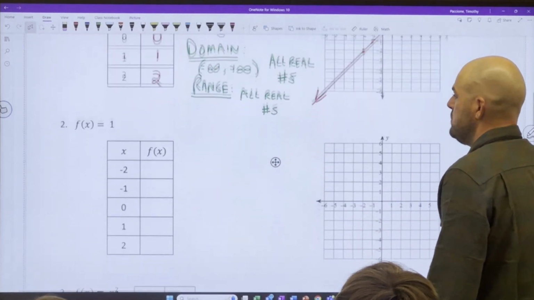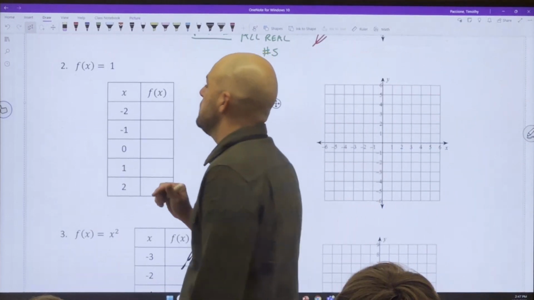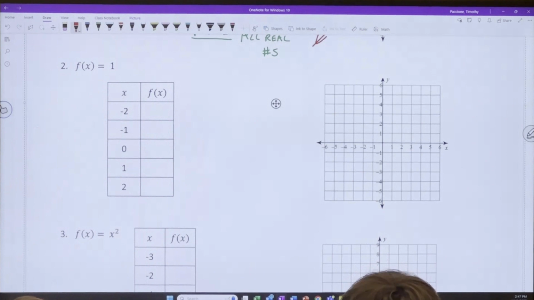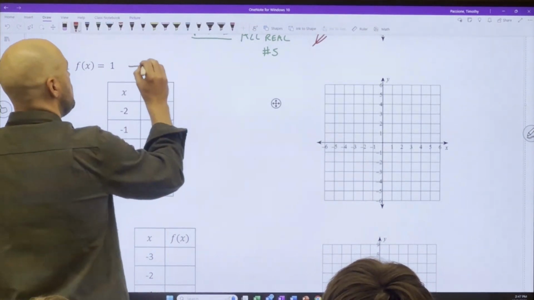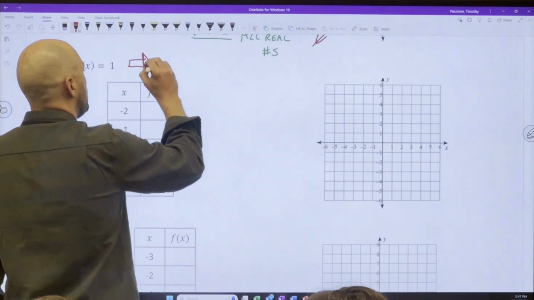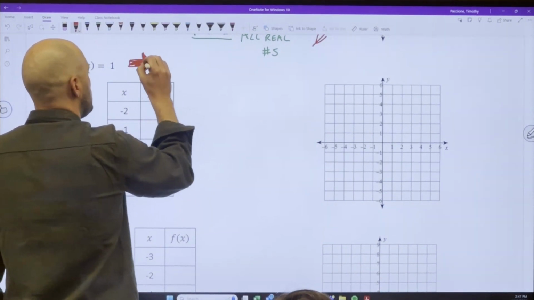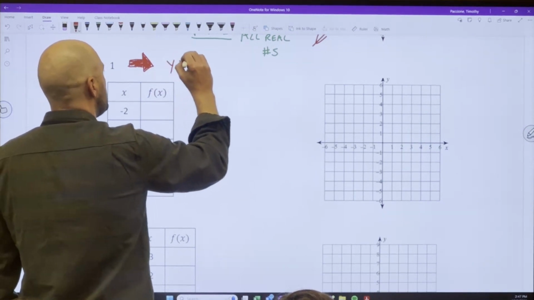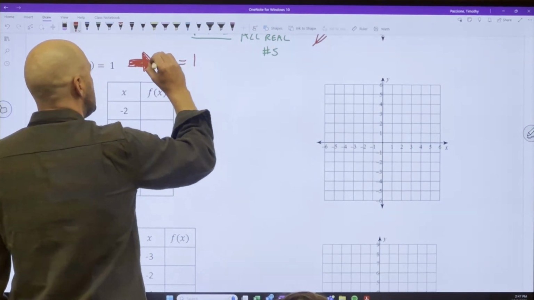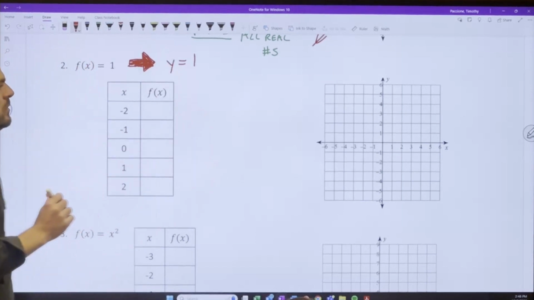Our next one, again, if it helps, we can always say f(x), kind of weird, I'm going to rewrite it as y. y = 1. Because this kind of tells the story a little bit, right?